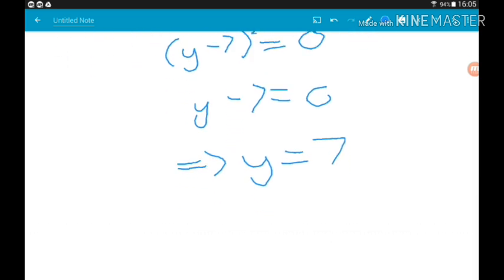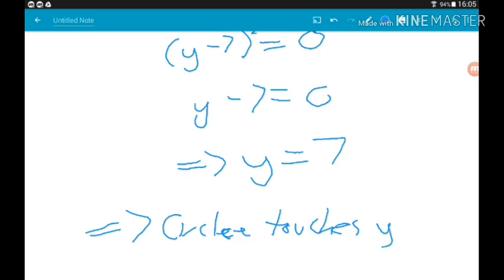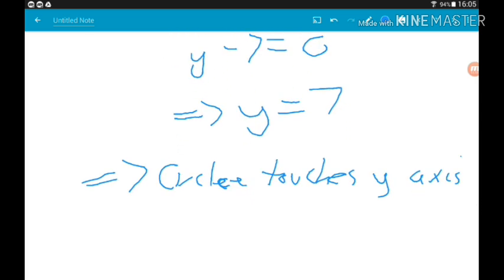So, circle touches the y-axis at y equals 7. So that's the only point at which it touches the y-axis, so that is shown that it never crosses.